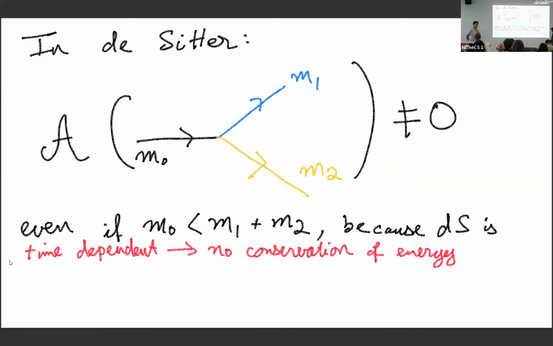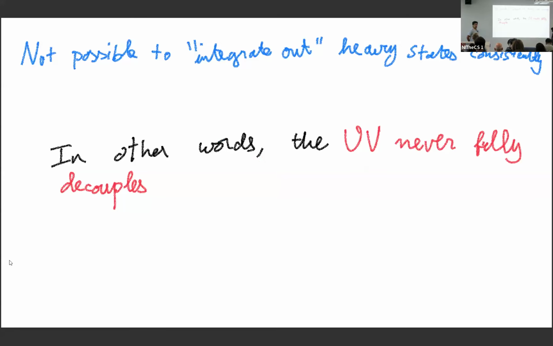However, in de Sitter, you can have such a process where a particle of mass m0 decays into two heavier particles, because energy in de Sitter is not conserved. The space-time is time-dependent. There's no translation symmetry. And so this is no longer forbidden in de Sitter. And why did I say that the Wilsonian picture doesn't work in de Sitter?